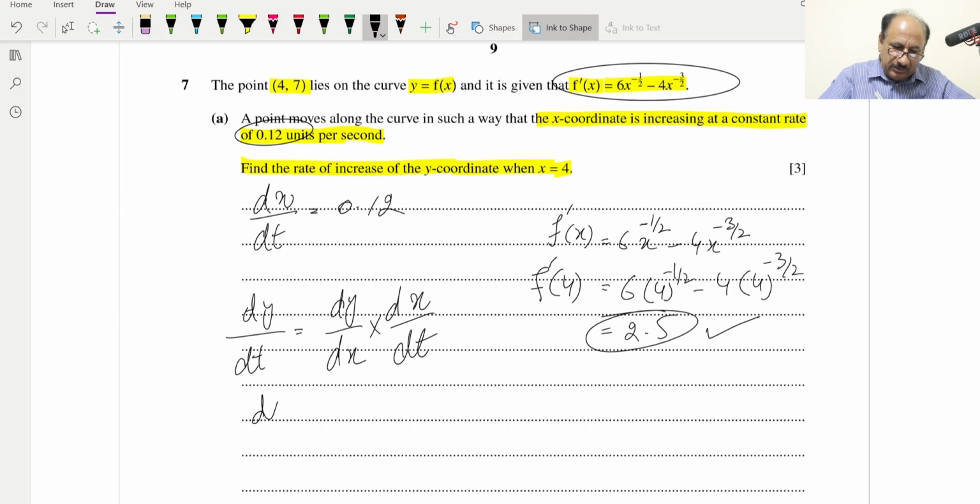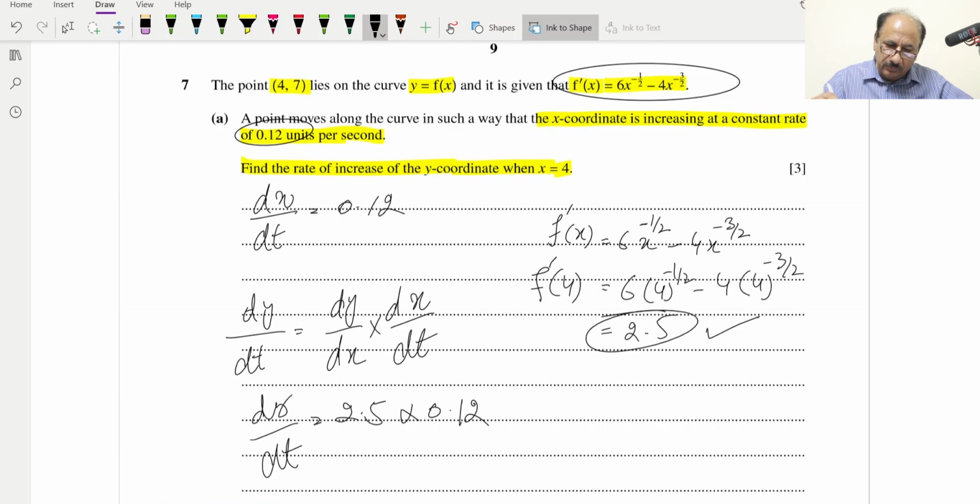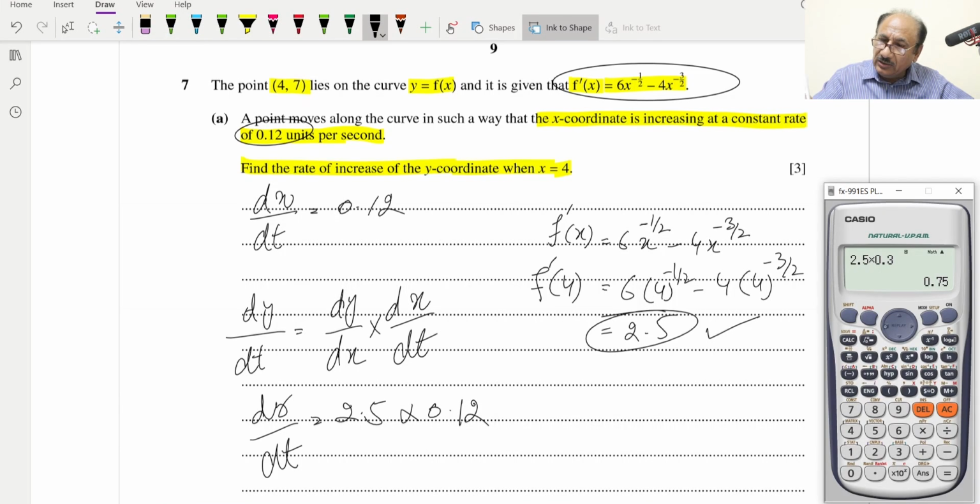So dy over dt is equal to 2.5 into dx by dt, which is 0.12. I wrote 0.3 by mistake, so we can rectify this.